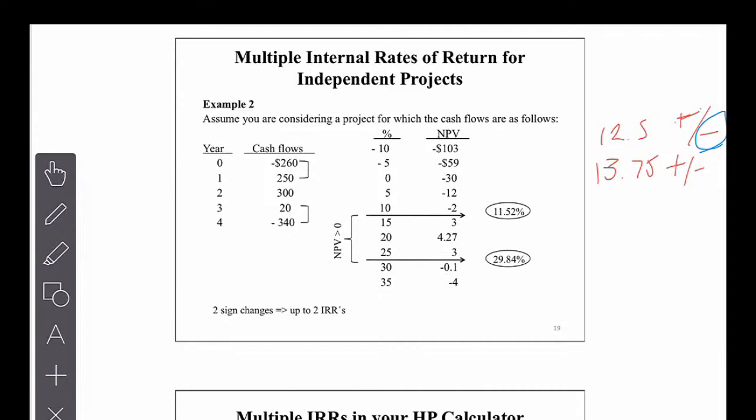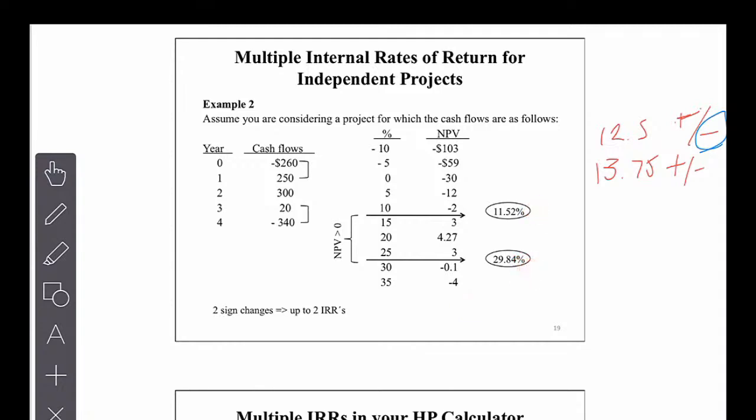And so, how the heck are you supposed to get this one, right? So what you have to do is make the NPV profile. If you see more than 2 sign changes, like we did here, we have to generate this profile and look for the 2 rates.